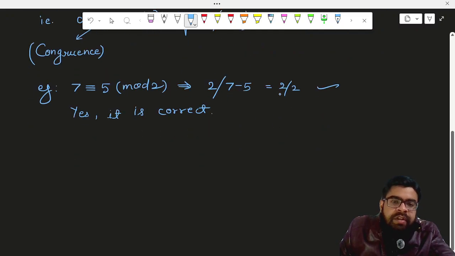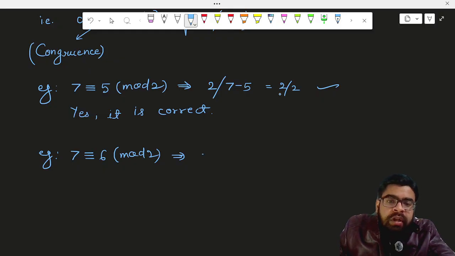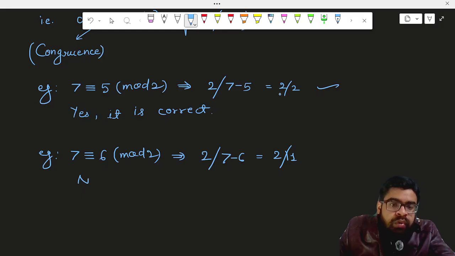Let's take any other example. For example, if I take 7 congruent 6 modulo 2, is it true or not? I can write here 2 divides 7 minus 6, which means 2 divides 1, which is not true. So hence no, it is wrong.